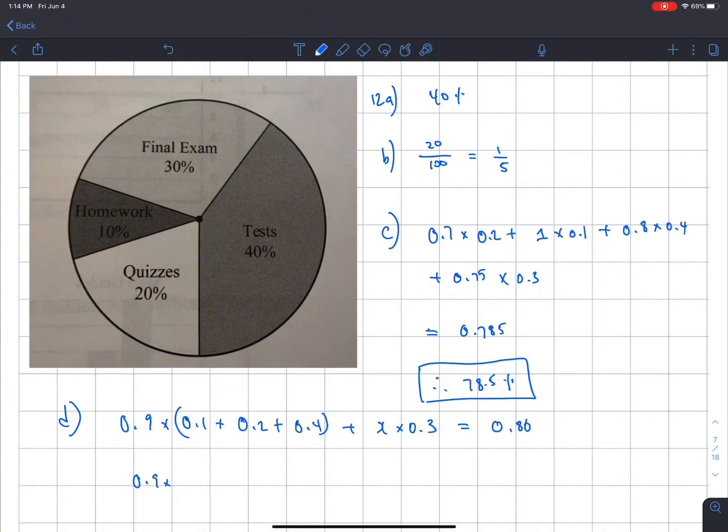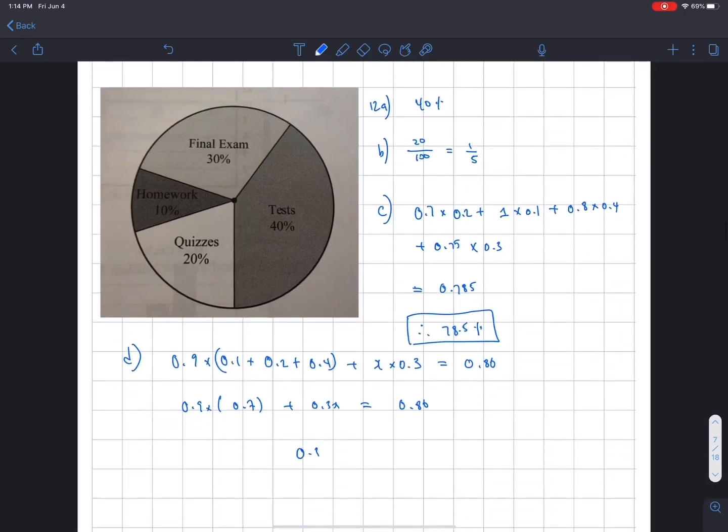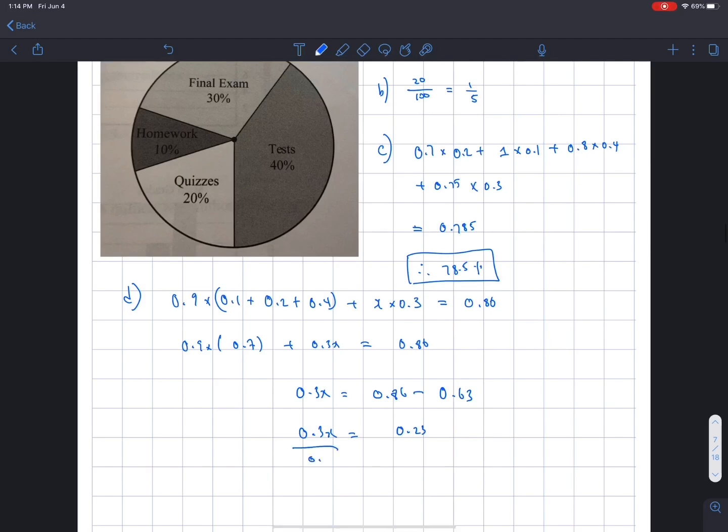So 0.9 times 0.7 plus 0.3x equals 0.86. 0.9 times 0.7 is just 0.63. Then we subtract and divide by 0.3. We get x equals 76.6%.